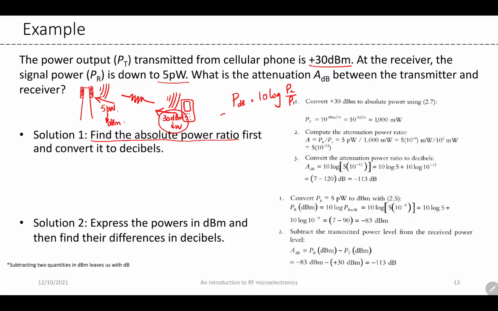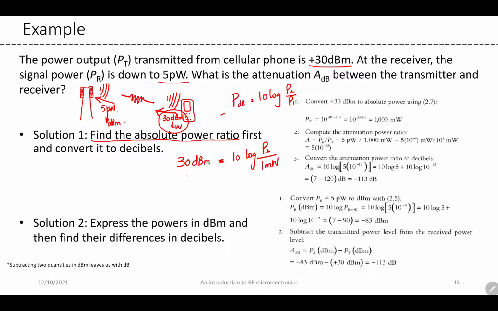And in this case, if we want to convert 30 dBm to actual power, we know that 30 dBm is 10 log P2 by 1 milliwatt, right? That's how things are.